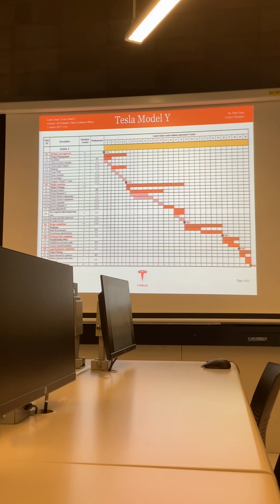Okay, Model Y design. How long? Model Y design is the main project, right? Term what? 12 weeks, very good. Now, going to Ariel.